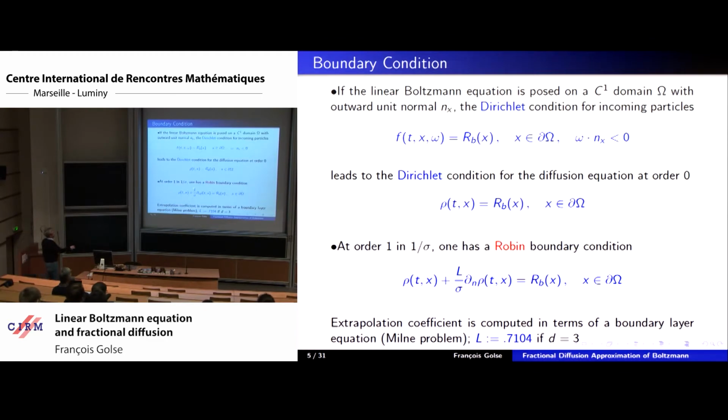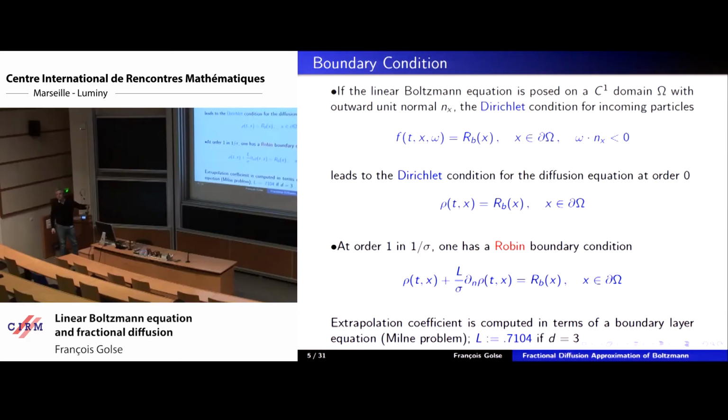And there is a coefficient here, L, which goes by the name of extrapolation coefficient in transport theory. In the case of space dimension 3, and for isotropic scattering, you can compute it, and it's 0.7104. It's a solution of the Milne problem computed by Chandrasekhar. It's been known for a long time. It's not fresh science.